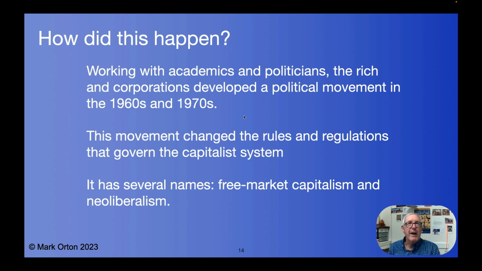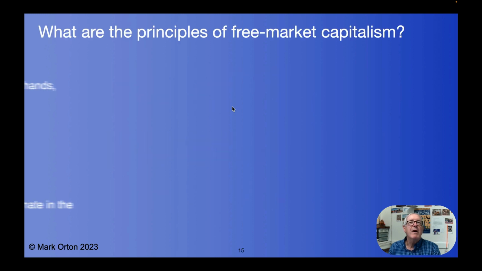Working with academics and politicians, the rich and corporations developed a political movement in the 60s and 70s. This movement changed the rules and regulations that govern the capitalist system. It has several names: free market capitalism and neoliberalism. You can use whichever you want. I'm not going to enter into a discussion about those names.